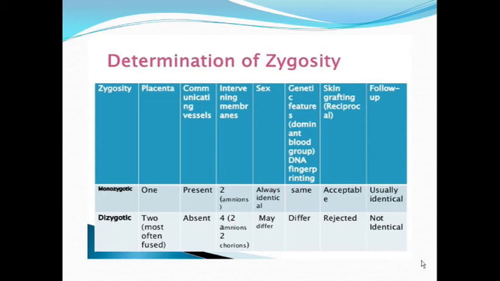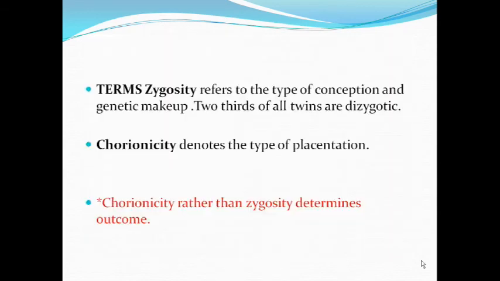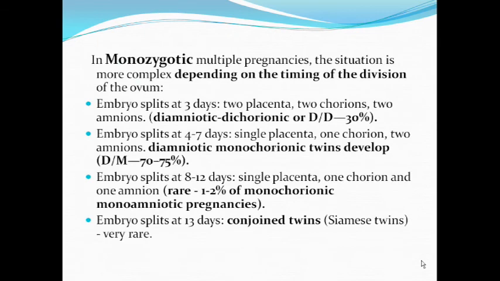Communicating vessel in monozygotic twin will definitely be present, while in dizygotic twin it will be absent. Intervening membrane: in case of dizygotic twins it will be 2 amnion and 2 chorion, but in monozygotic twin in case of dichorionic diamniotic it can be 4, that is 2 chorion and 2 amnion, but in most of the cases it will be 3, that is 1 chorion and 2 amnion.